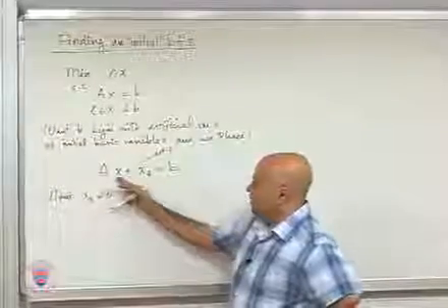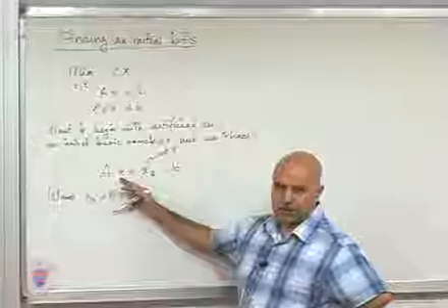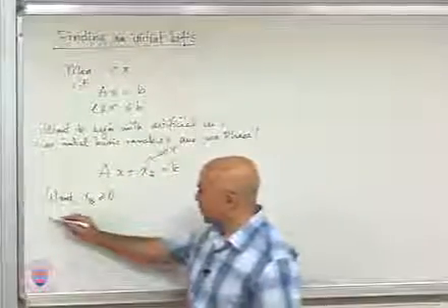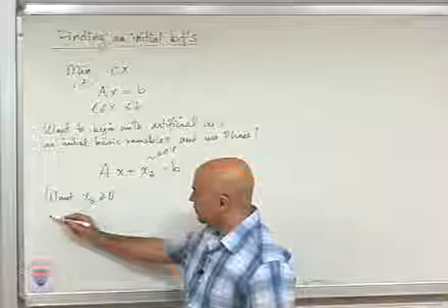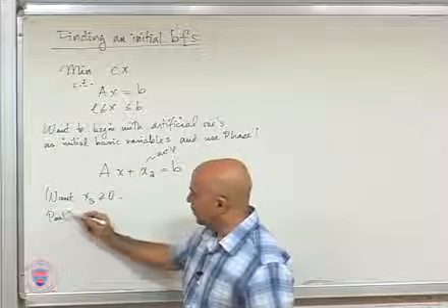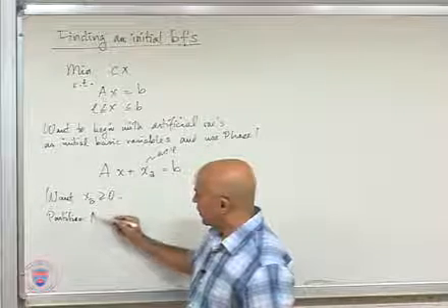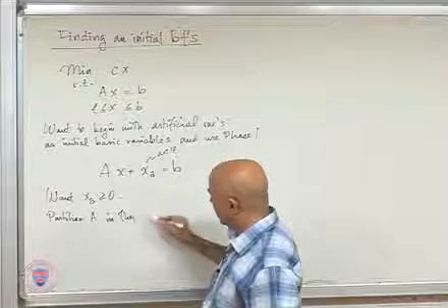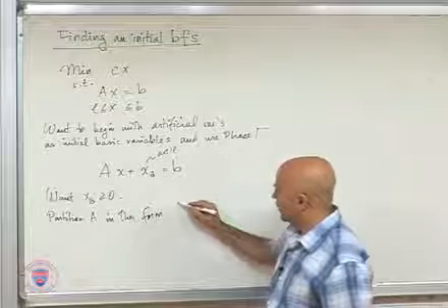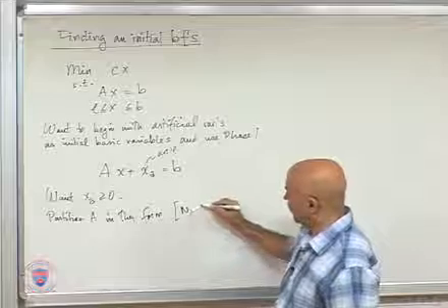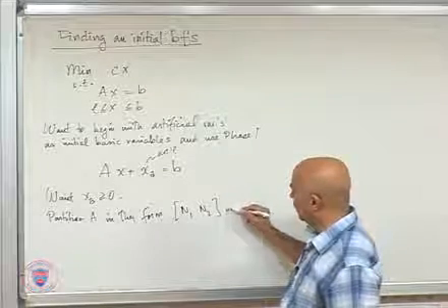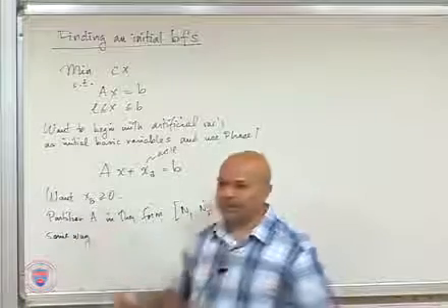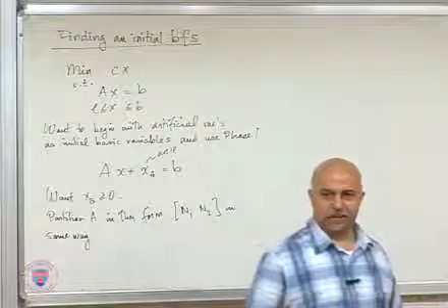Now, we cannot take x equal to 0 because x must be between the bounds. Okay? So in this case, partition A in the form say n1, n2 in some way, meaning almost in an arbitrary way, okay?